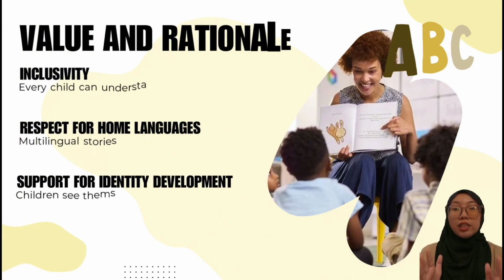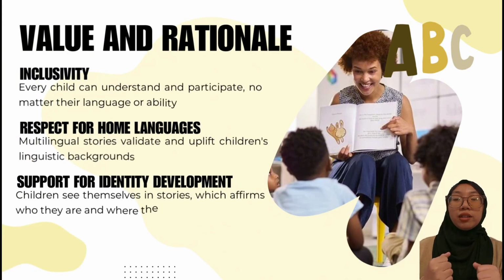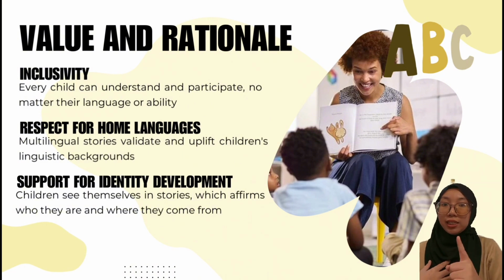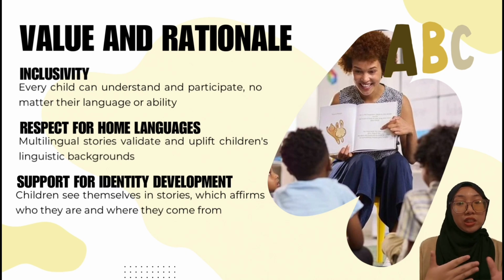This strategy is more than just reading a storybook. It's about creating a space where every child feels seen, heard, and valued. Let me explain why this approach is so powerful. First, inclusivity. Storytelling with pictures is a universal language.